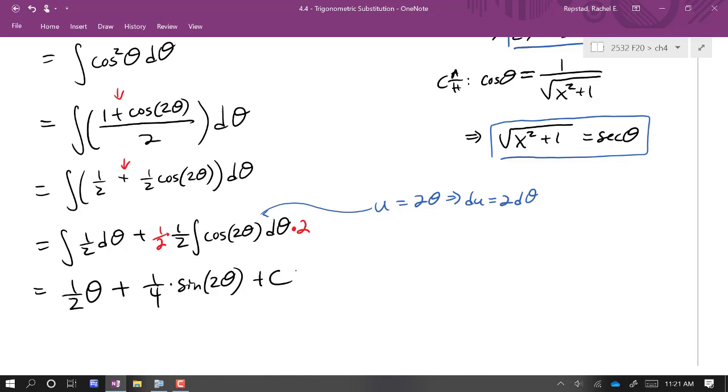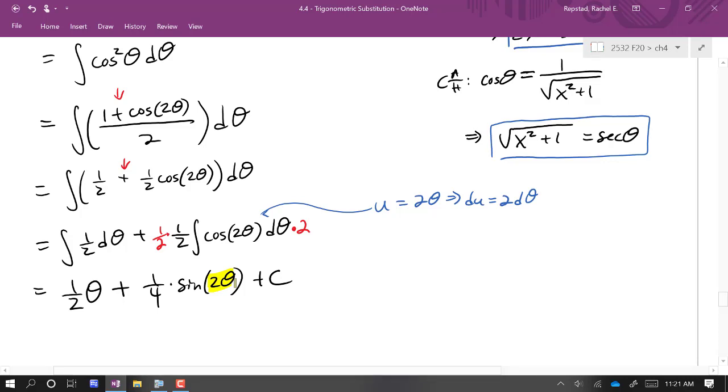We always use our triangle to get that expression. Because our result involves just theta, not just a trig function of theta, but theta itself, we're going to need to use an inverse trig function to get an expression for this first term of 1/2 theta. But also, this result here that we got is sine of 2 theta. We don't have a triangle with an angle of 2 theta.